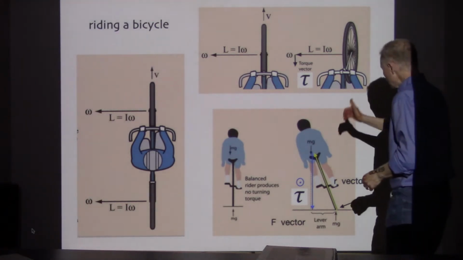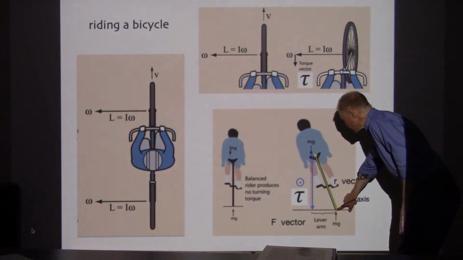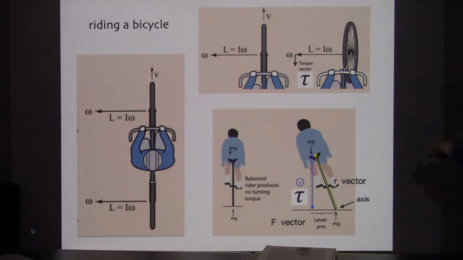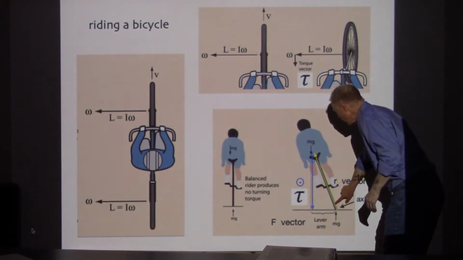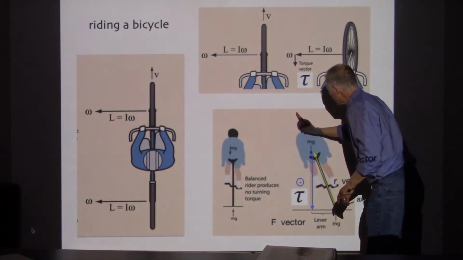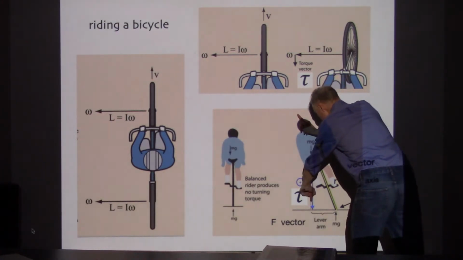So the torque is coming out of the page, and that's because here is the lever arm. So here is the contact point. I did write in axis, that's good. So the axis of rotation here is the contact point of the bicycle wheel. We've got a lever vector that points in that direction, so it's pointing here. And then a torque is being provided by gravity.